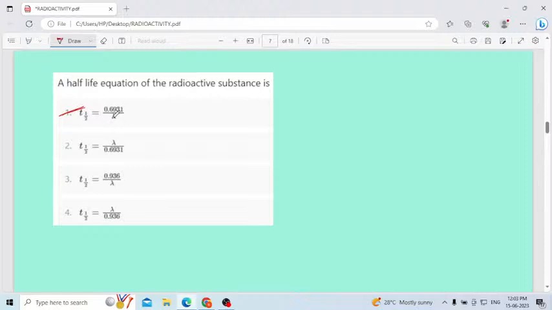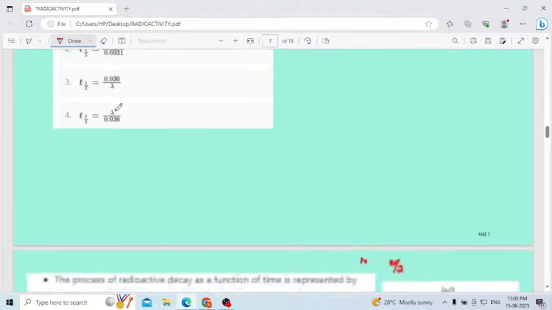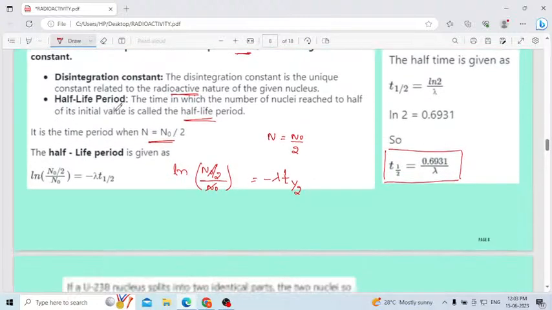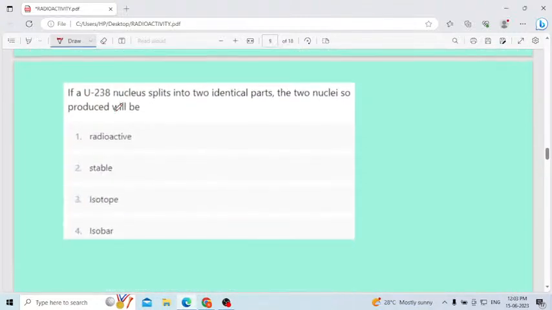It tells how easily that radioactive element will undergo radioactivity, whether it is a highly radioactive element or a low radioactive element. Those who are not able to follow, please see my theory class on radioactivity. If you watch that theory class, these questions are very easy.